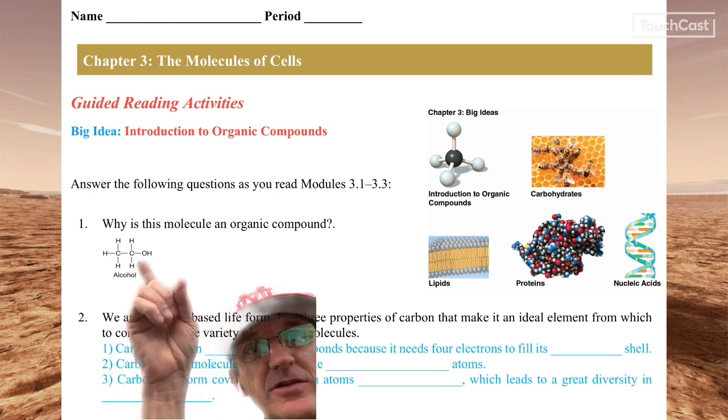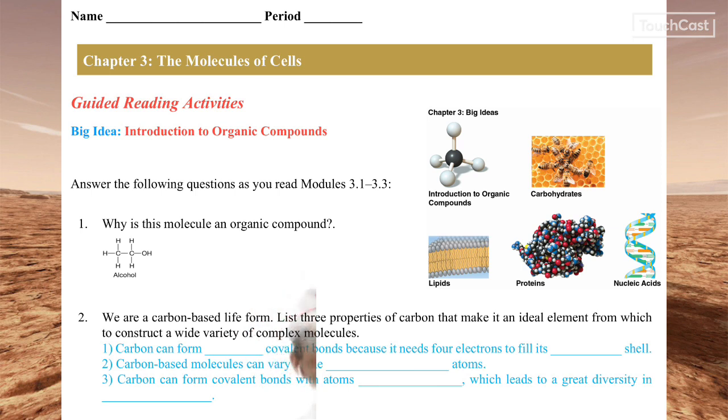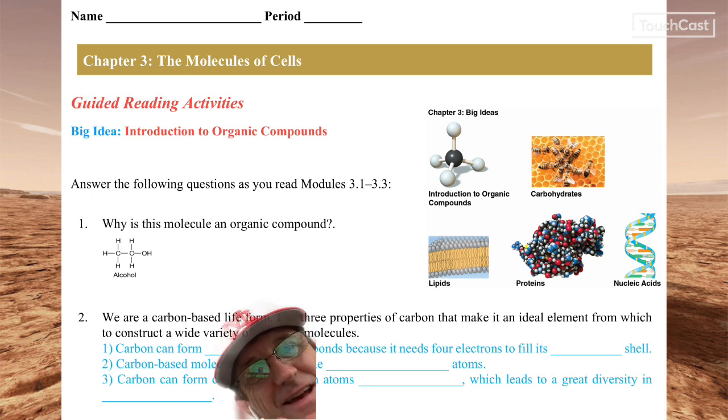Take a look at that. There's always 4 lines that go around a carbon. It is missing 4 electrons. It needs to fill 4 electrons in its outermost electron shell, and that would be the valence shell, V-A-L-E-N-C-E.